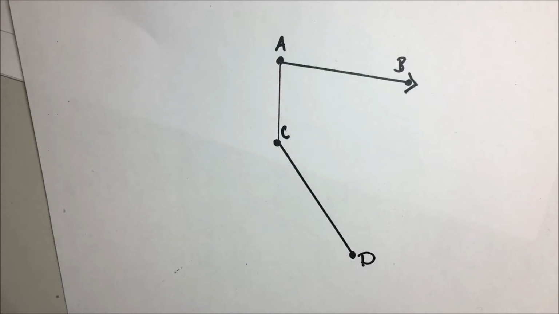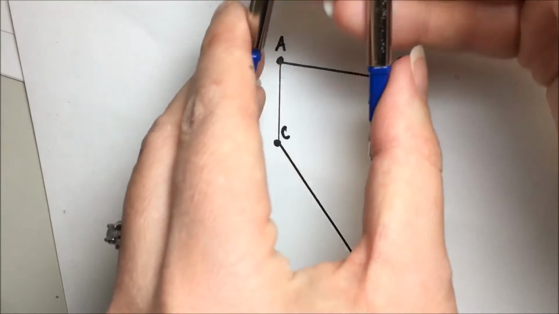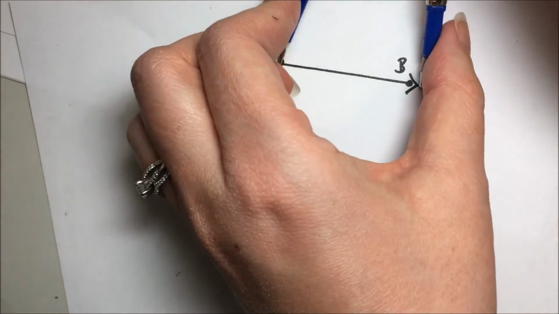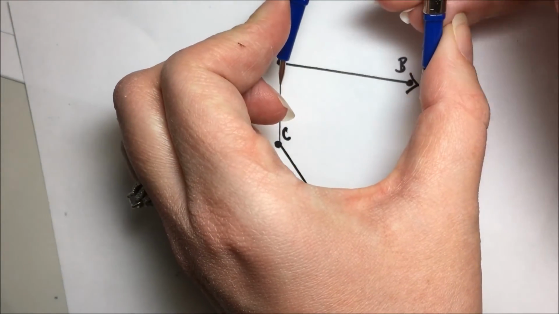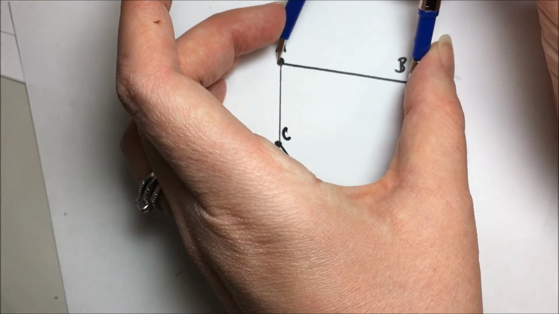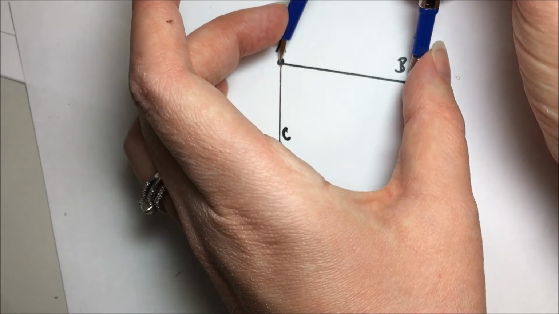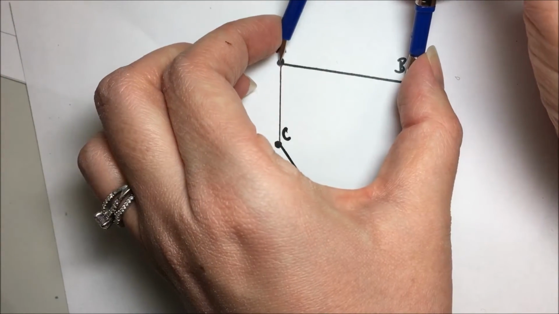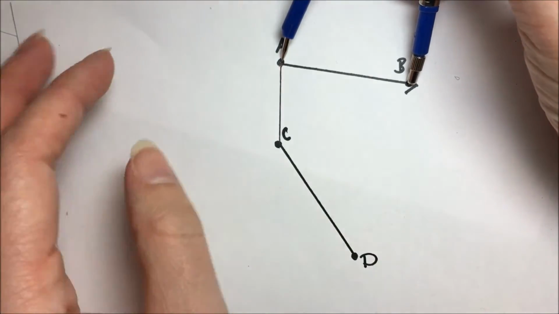Alright, after I draw that line from A to C, I'm merely using that as a segment for me to measure later. So the first step after that is to measure from A to B. Step 1, measure A to B. So I first drew that segment just so that you guys would know what I was talking about later.